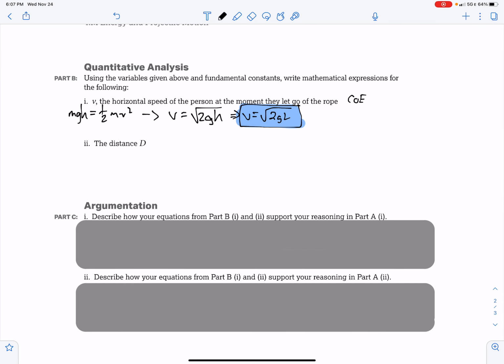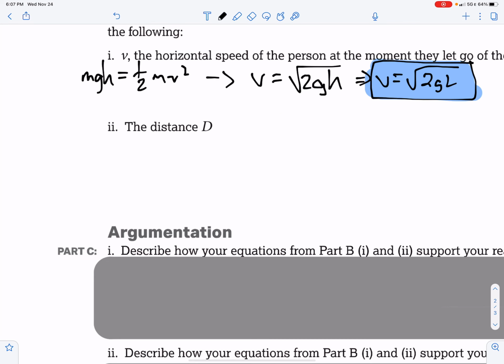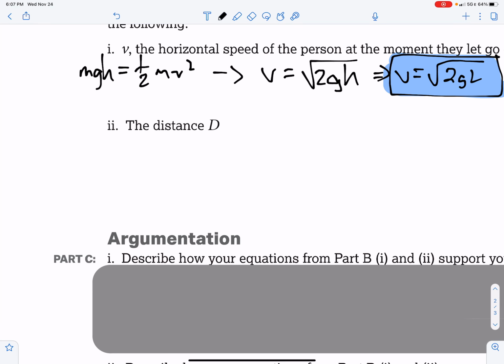Okay, the distance d. Well, the equation we're using is y equals y naught plus v naught y t minus 1/2 gt squared.